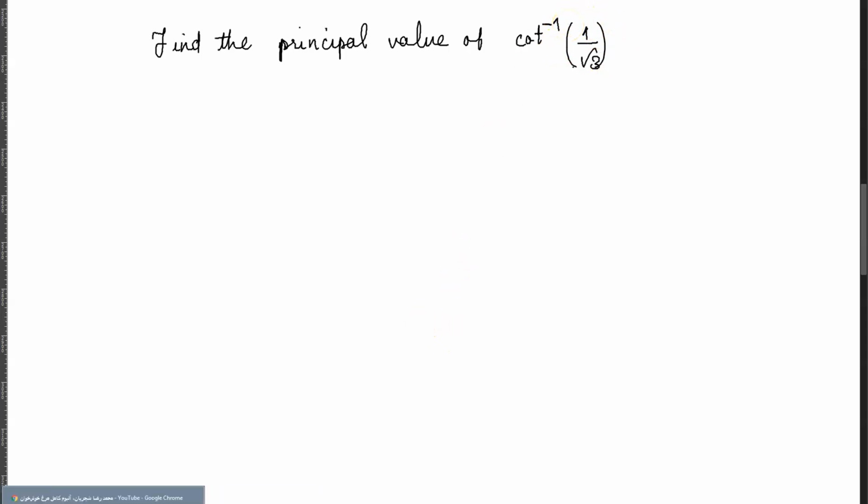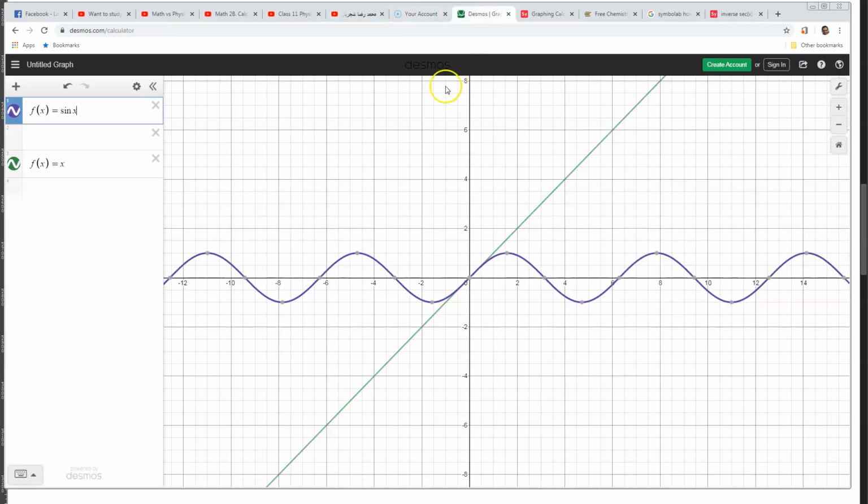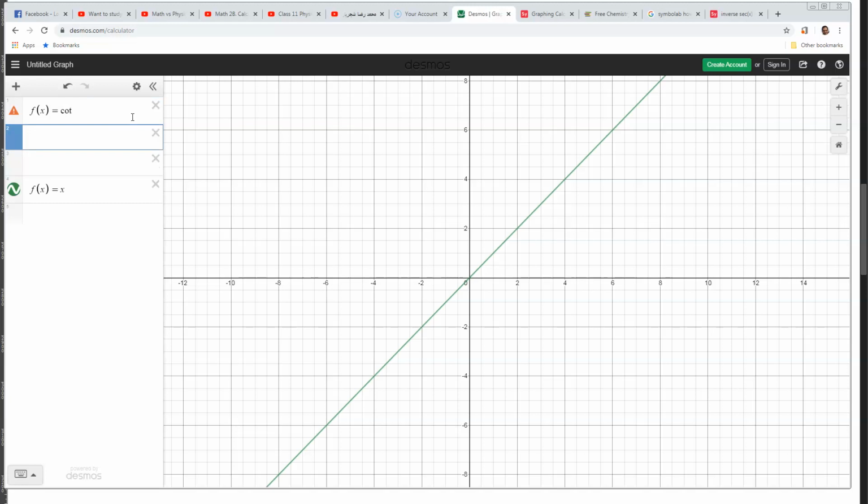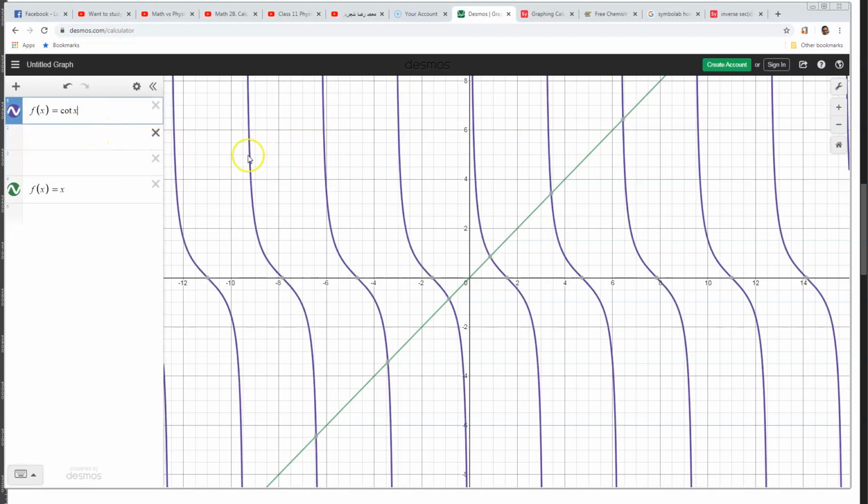So this is the cot function, which is supposed to be cot of x. You can see that I have an asymptote here, this is pi by 2, and then at pi, again, I have another asymptote.